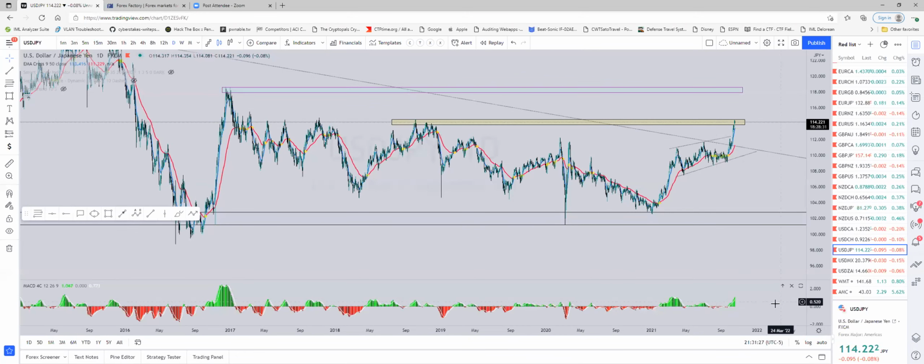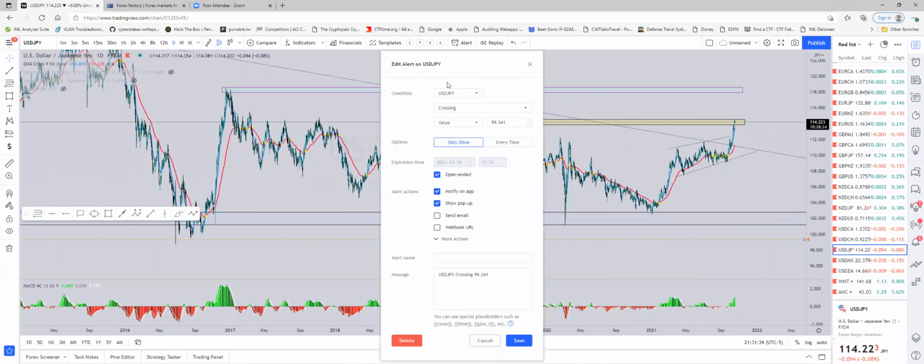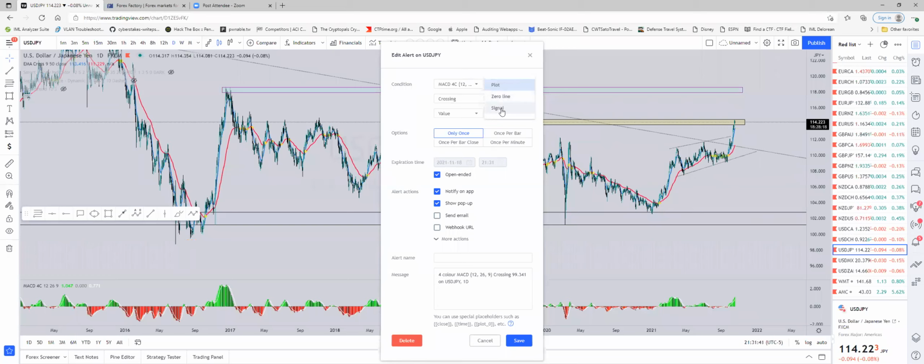Anyway, once you get that alert set, you can click on the signal line, it doesn't matter, but again, I'm going to click right here. All right, set it for MACD 4C. Set this for the signal, MACD 4C, zero line. So literally what it's saying is when the signal crosses the zero line, going up, crossing for a buy, crossing down, crossing for a sell.